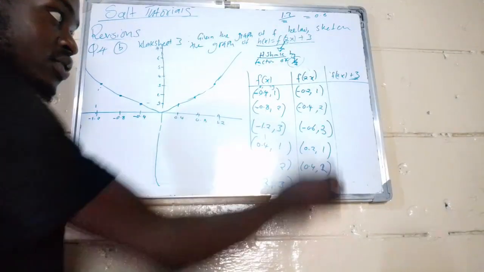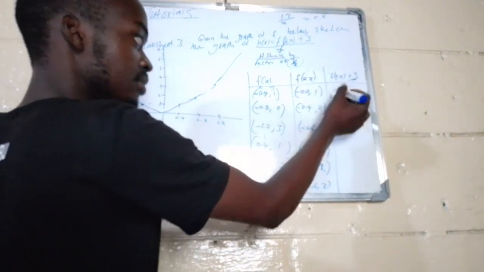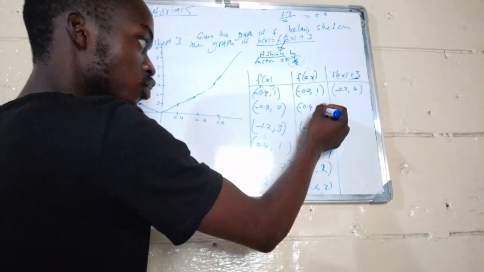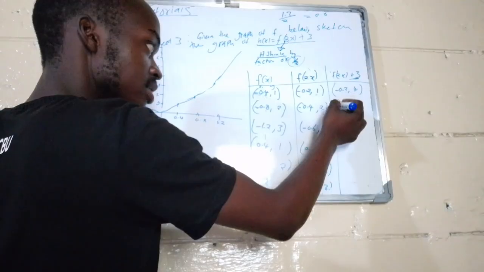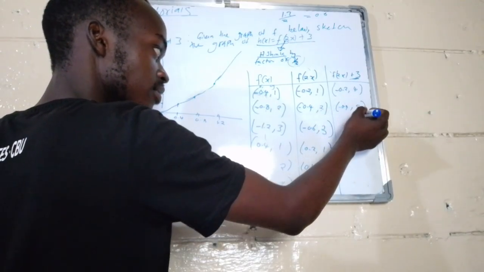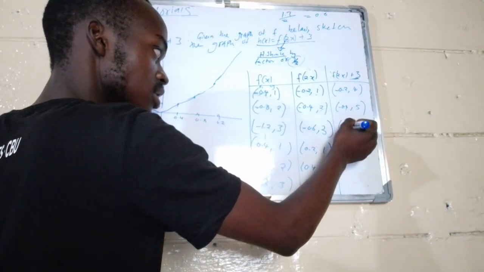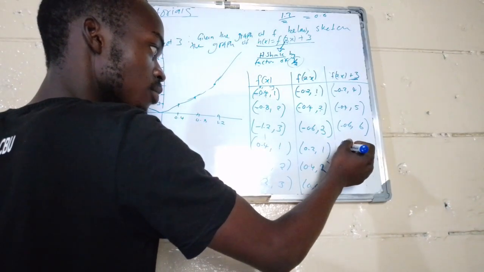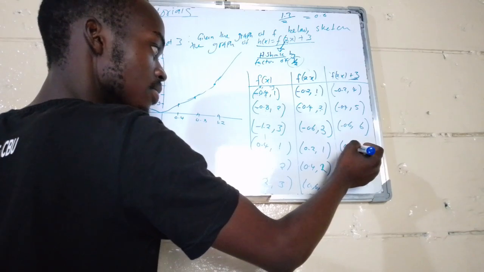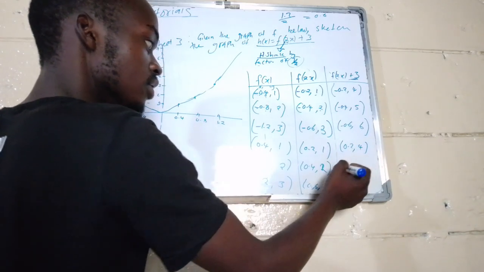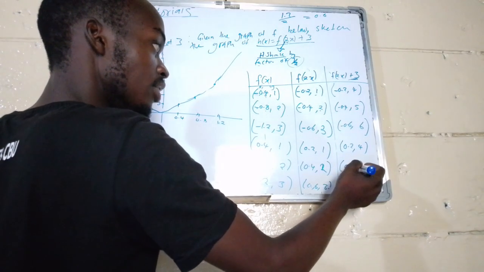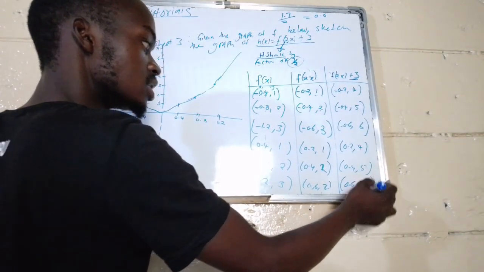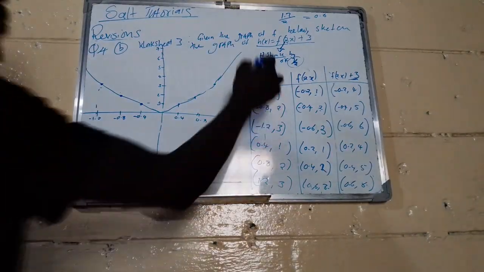So 1 plus 3 means negative 0.2, 4. 2 plus 3 is 5, so negative 0.4, 5. Here it will be negative 0.6, 3 plus 3, 6. This is positive 0.2, 1 plus 3 is 4. This is 0.4, 5. This is 0.6, 6.